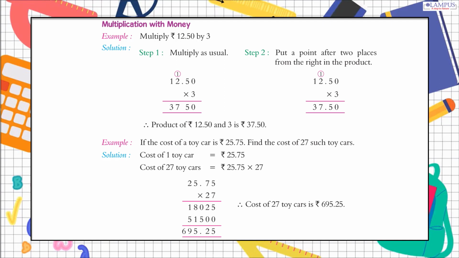Put a point after two places from the right in the product. 69,525 will become 695.25. Therefore, cost of 27 toy cars is rupees 695.25.